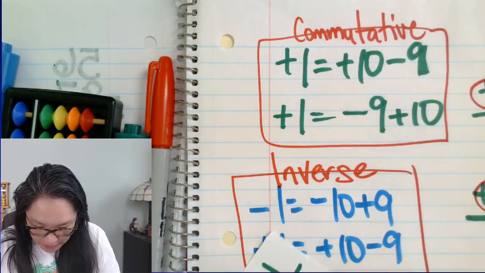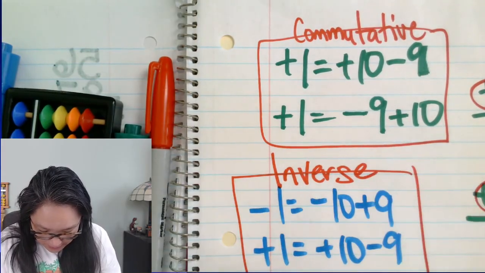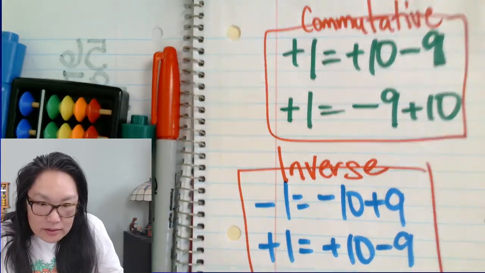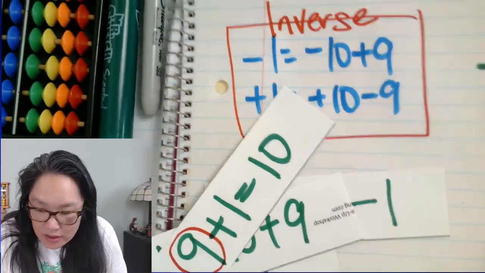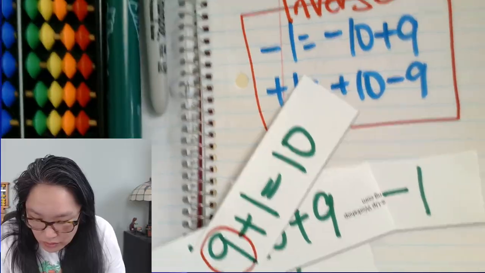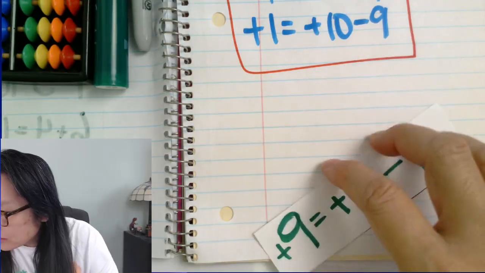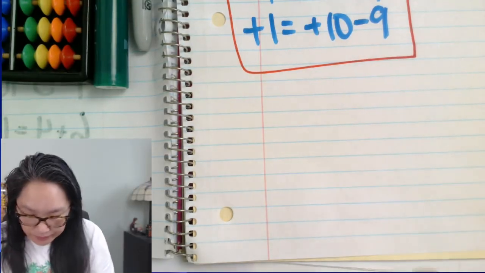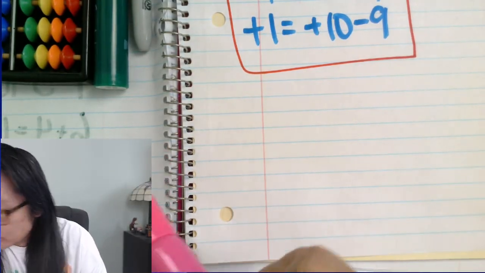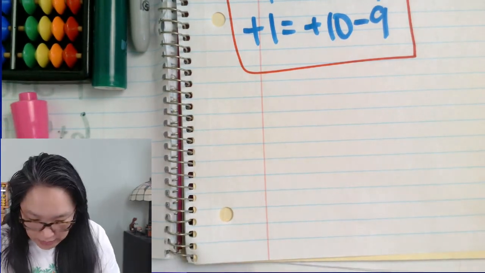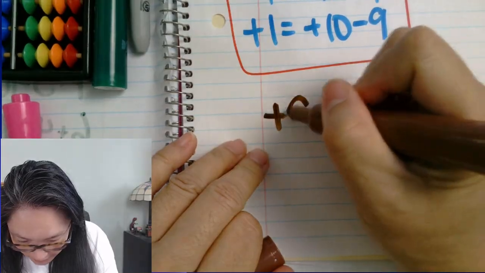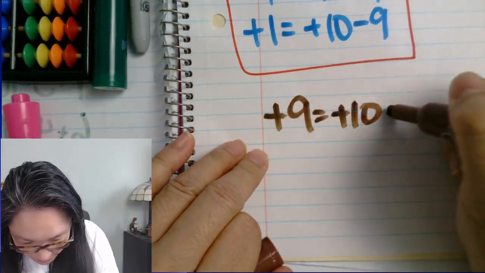So that's the difference. But these two, let me do another color. Let's do brown. So we do this one: 9 plus is equal to plus the 10 minus the 1.